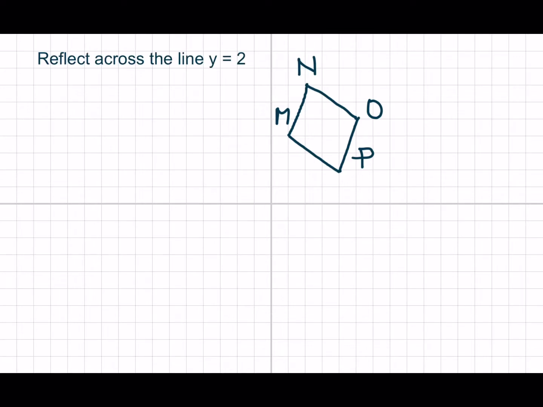Last example, we are going to reflect across the line y equals 2. And if you recall, y equals 2 is a horizontal line. And we are going to draw that horizontal line right on in. Y equals 2 is right here.